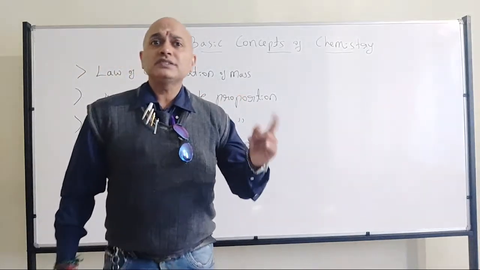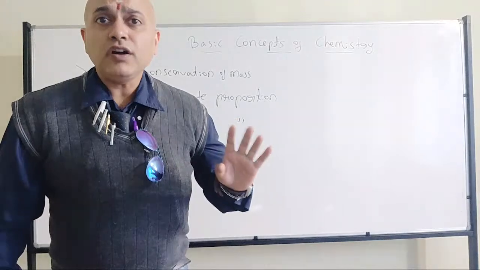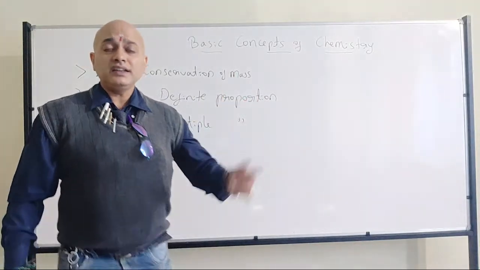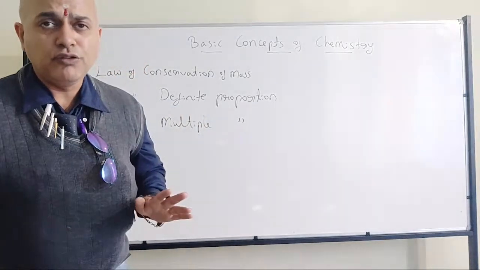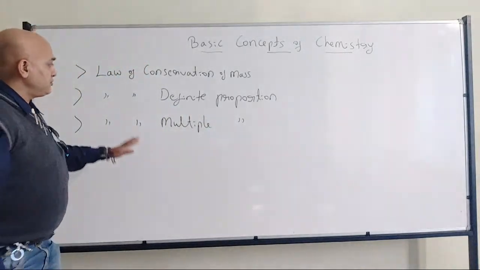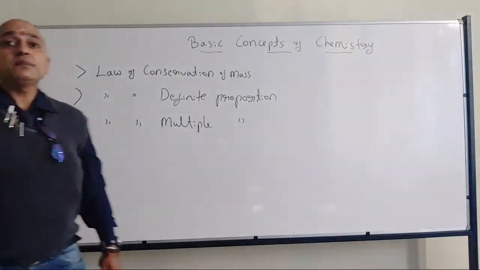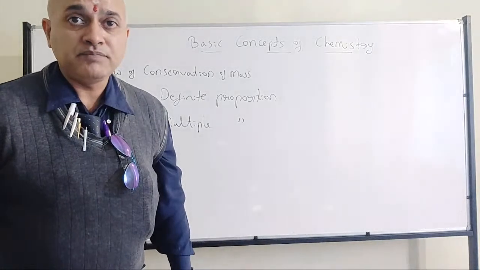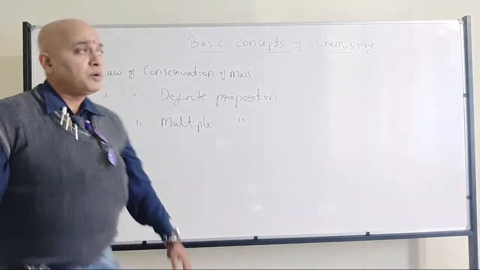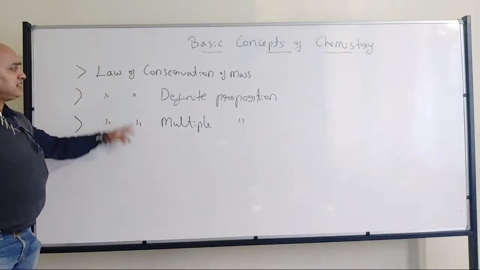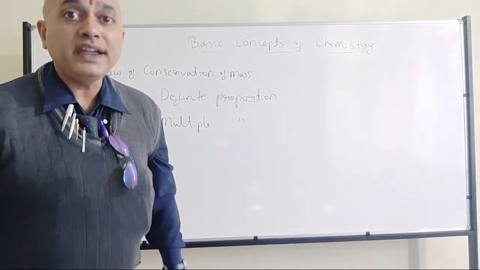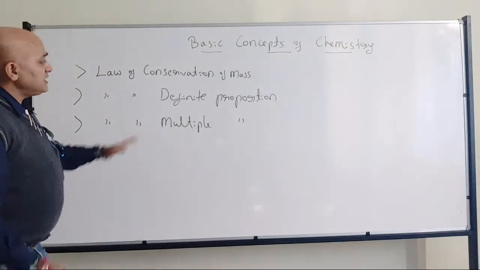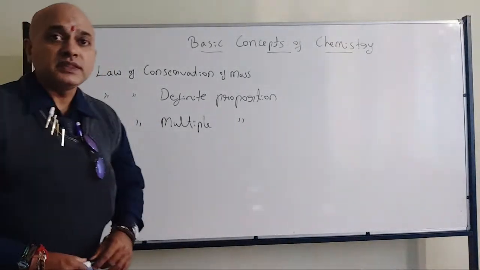One element combining with a definite or constant mass of the other element will have a simple whole number ratio. That's what the law of multiple proportion talks about. In both cases it is related to weight.